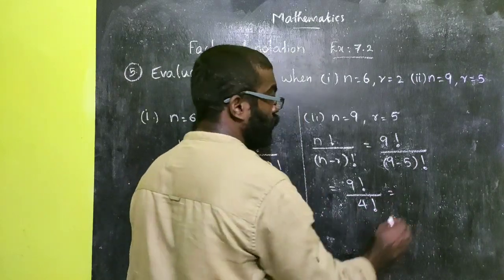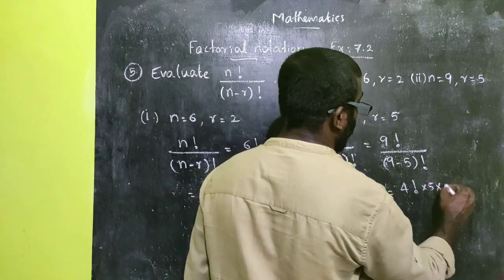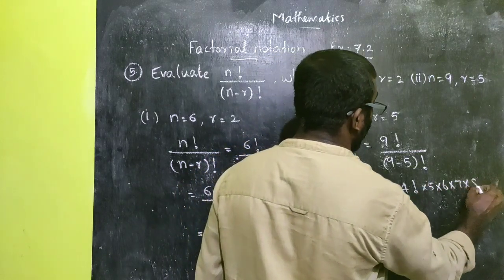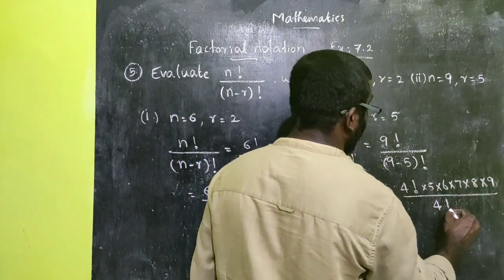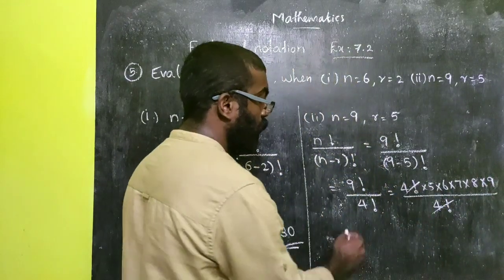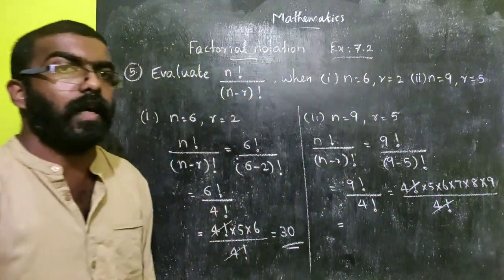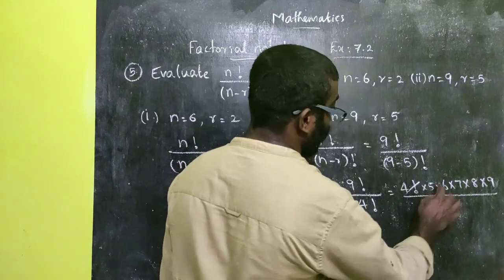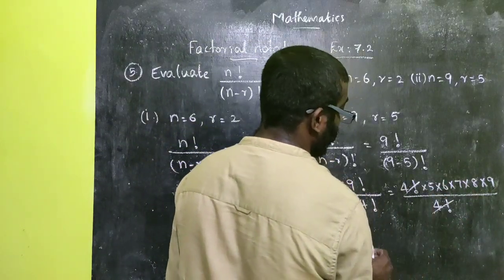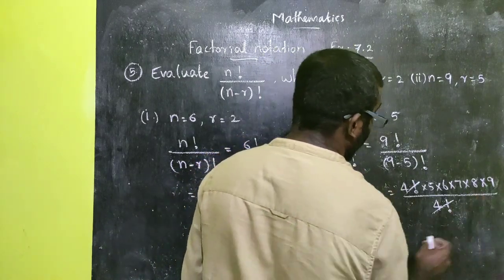And we can write 9 factorial as 4 factorial into 5 into 6 into 7 into 8 into 9, whole divided by 4 factorial. We can cancel this 4 factorial and we can multiply all these numbers to get the answer. So here 5 6s are 30. 30 into 7, so 210. Then into 8 into 9.